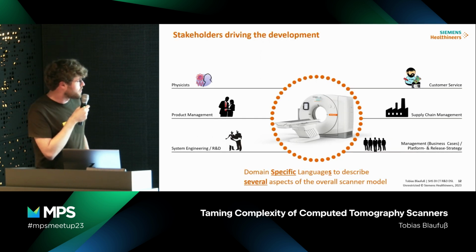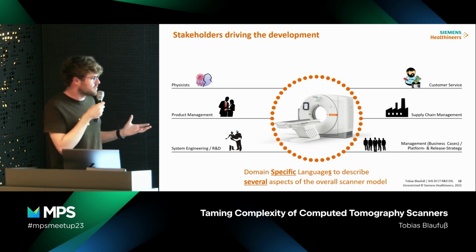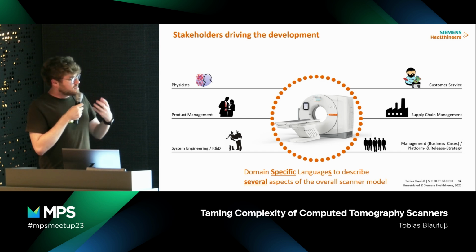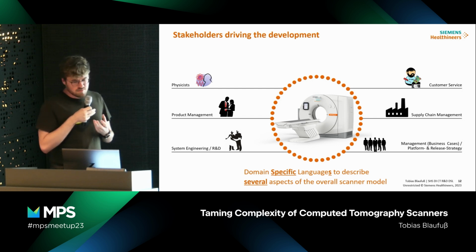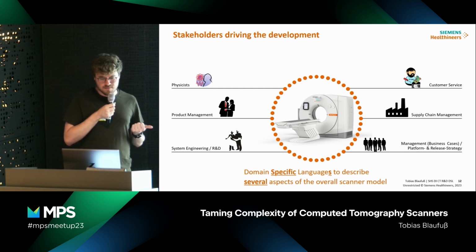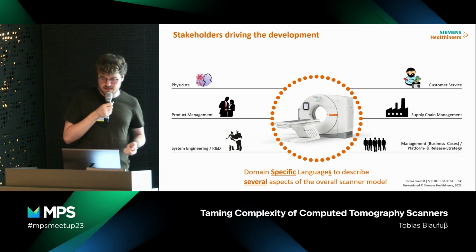And as I told you already, there are multiple stakeholders that are involved in this development, and they all speak a different language when they talk about the system itself. So they say 10 words for exactly one thing, and I always have to ask, hey, do you mean this and that? And then they say, yes, it's exactly this.